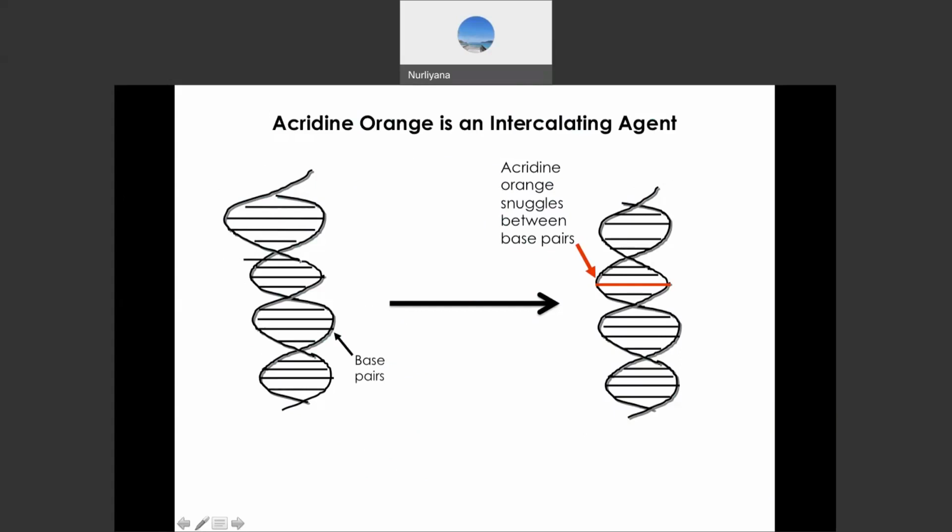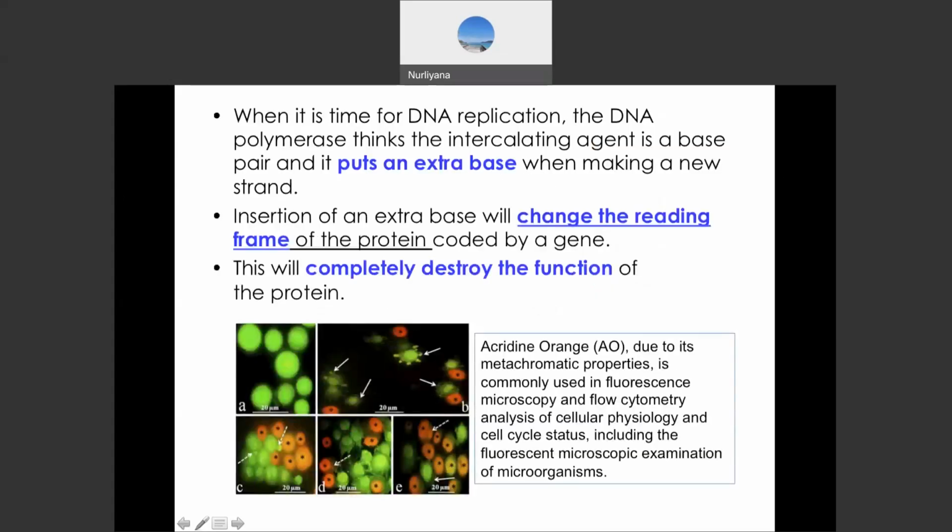If, for example, this is supposed to be T and A, it can be mixed with one of the bases, forming a different type of base here. So at the end of the story, when this DNA is duplicated or replicated, it will give you totally different bases. This is where the mutation occurs, somewhere here. This is what I explained just now.